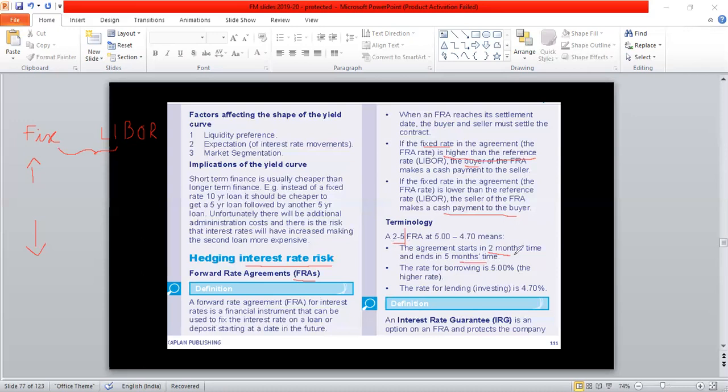The agreement starts in 2 months, ends in 5 months. 5 to 4.7 means the rate of borrowing is 5%. The rate of lending is 4.7. These are the terms of the FRA.